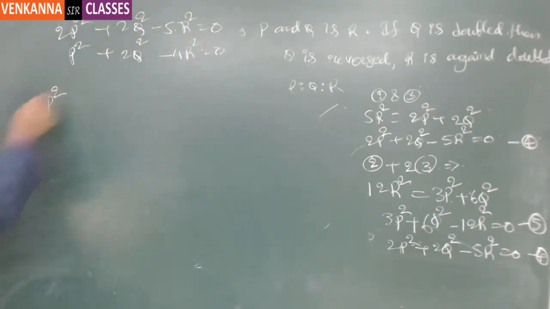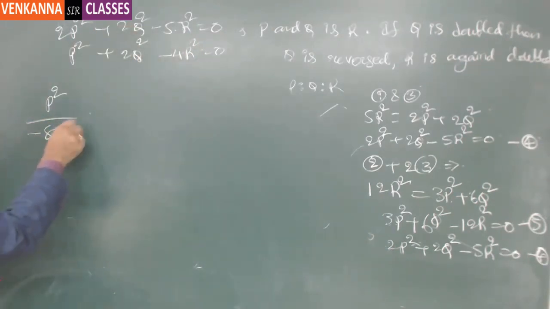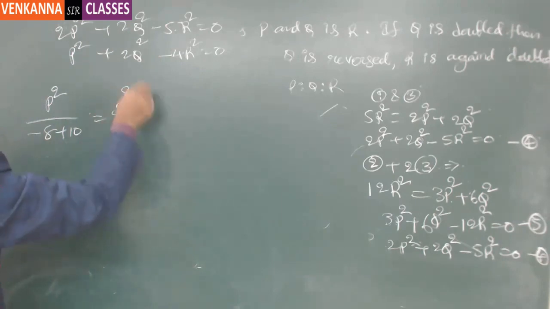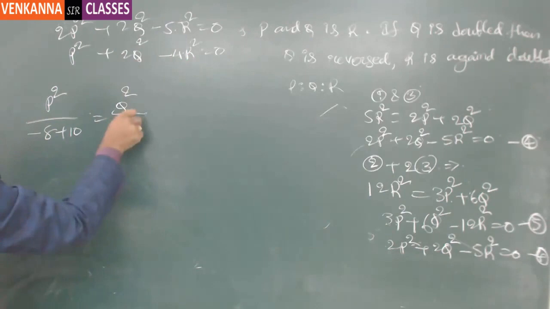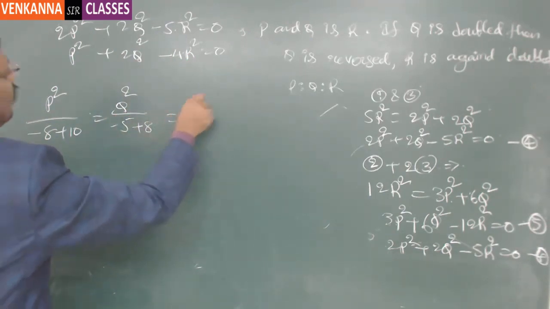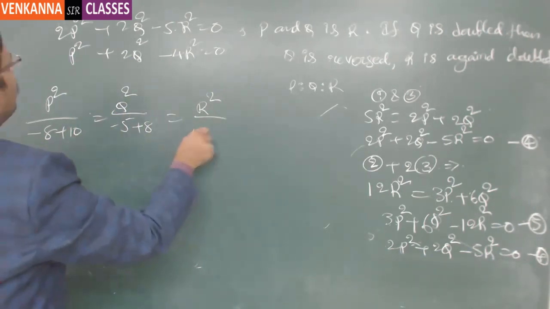So from this, p square by minus 8 plus 10 equal to q square by minus 5 plus 8 equal to r square by 4 minus 2.